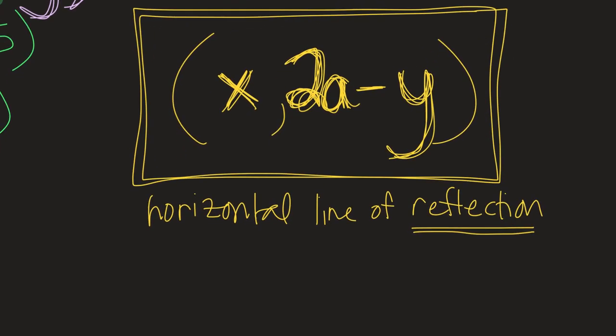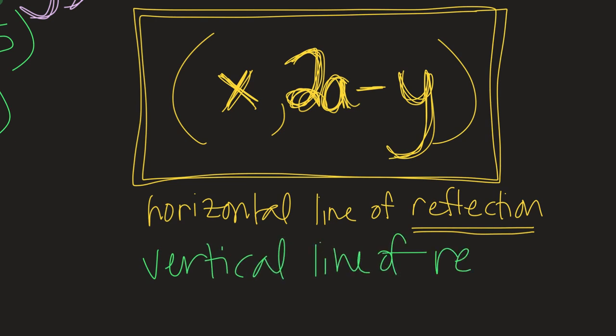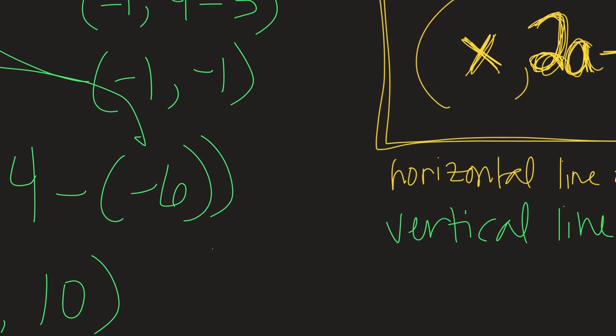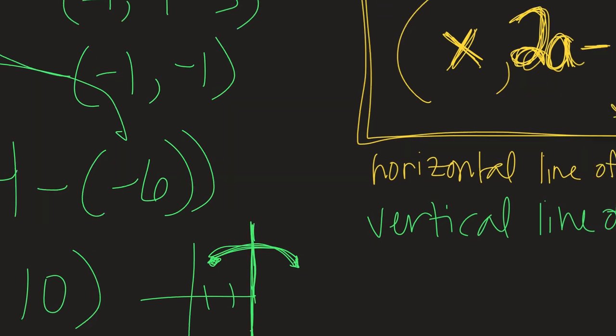Well, what if we had a vertical line of reflection, which is a horizontal transformation, like an x equals something? If we had x equals 3, a vertical line of reflection is a horizontal reflection.